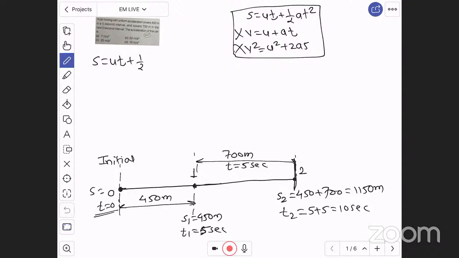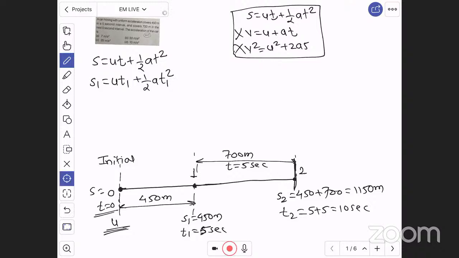Now, when I write S1, initial velocity is always u. At the initial location, velocity is u. So S1 is equal to u t1 plus 1 half a t1 square, because acceleration is constant and initial velocity is constant. Therefore, this will be the first equation.